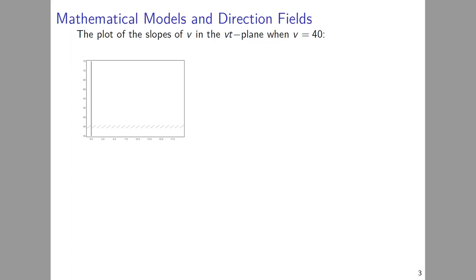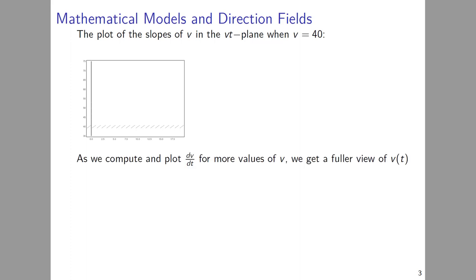This alone doesn't give us too much detail and doesn't help us see the solutions very well. But as we compute and plot dv/dt for more values of v, we get a fuller view of what our solution v of t looks like. Let's start to fill this direction field in.